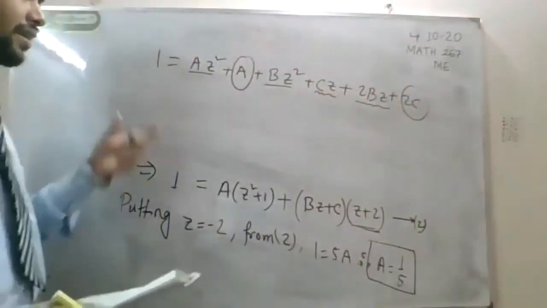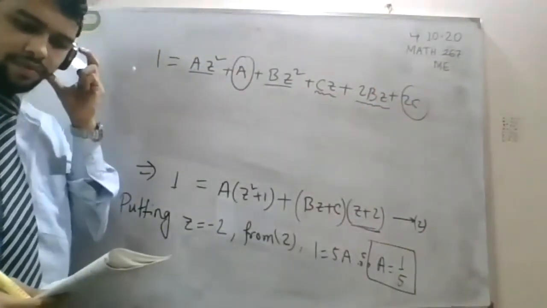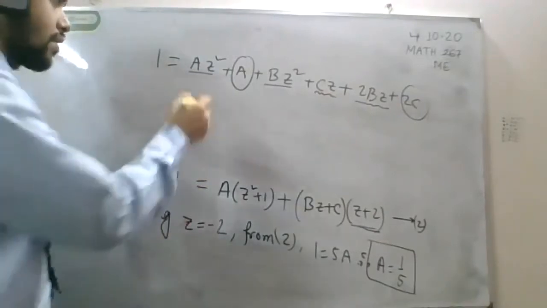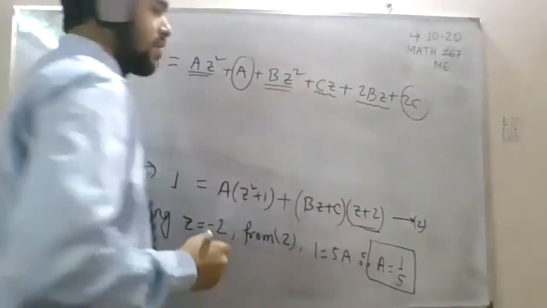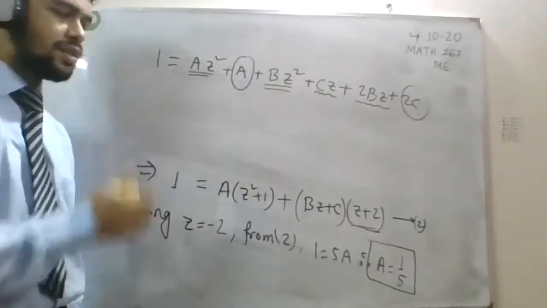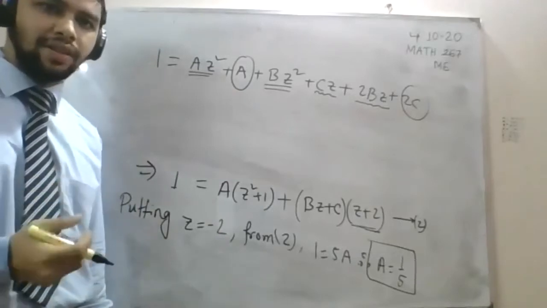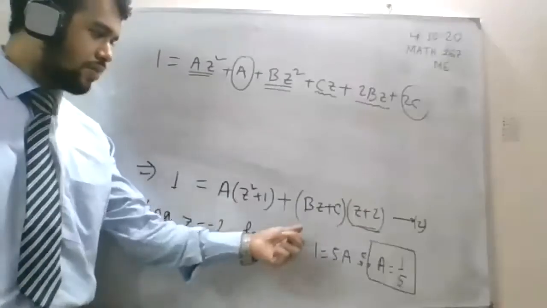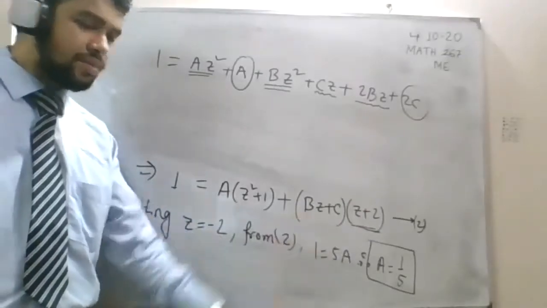Did you understand the meaning of my writing this line? Sir, equating the coefficients. Yes, so you have to equate the coefficients of this equation, and also you can find out the values of the constants, which are b and c.